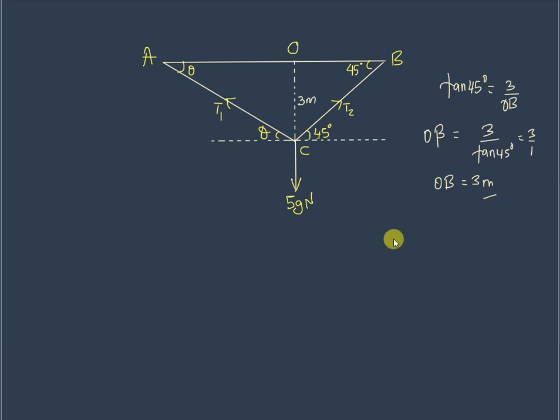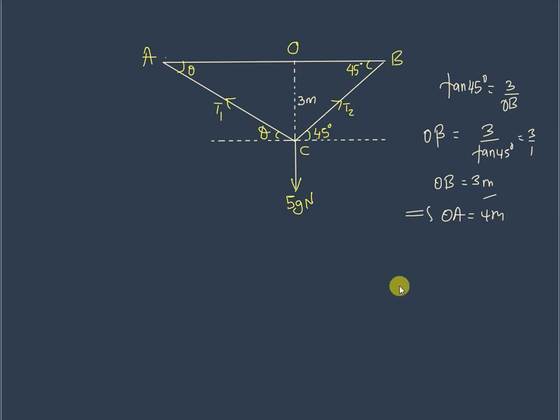And if OB is 3 meters, it implies that OA is equal to 4 meters, because remember AB is 7. So if this one is 3, this one is 7 minus 3, which is 4 meters.